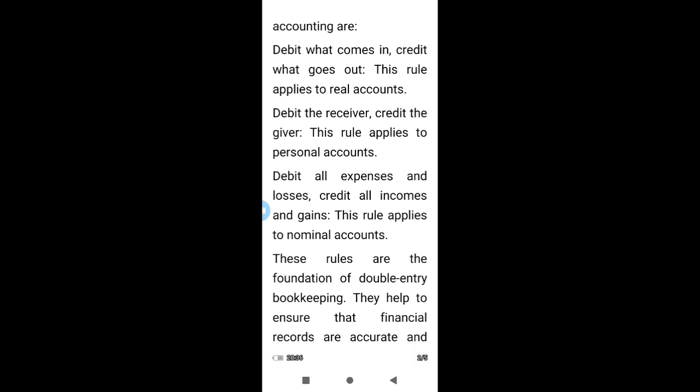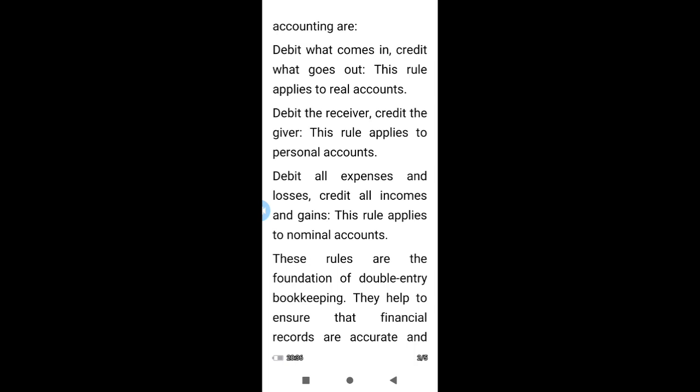And then the last golden rule states that all expenses and losses are debited, while all revenue and gains are credited.